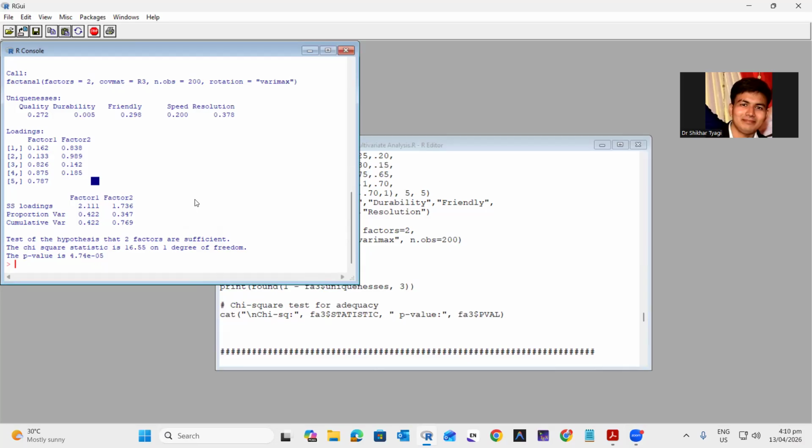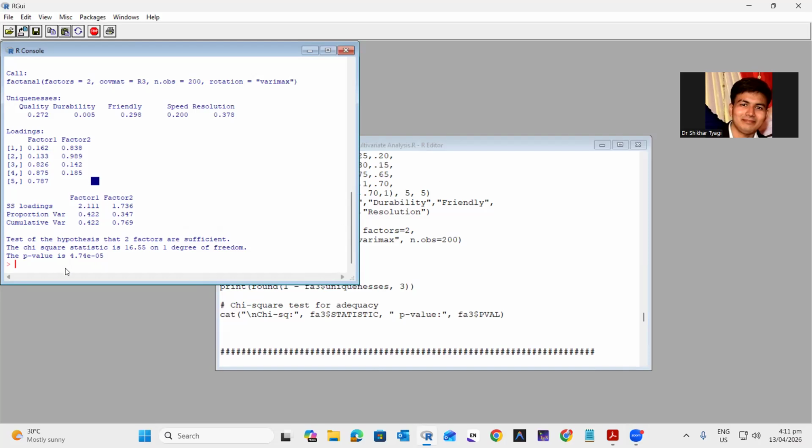After that, we have the loadings for factor 1 and factor 2. For factor 1: 0.162, 0.133, 0.826, 0.875, 0.787. For factor 2: 0.838, 0.989, 0.142, 0.185. A loading is the relationship between the variable and the factor, that is your lambda ij, which in principal component analysis we apply as eigenvalues.